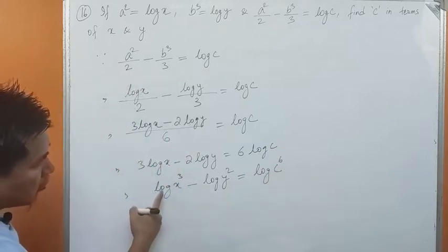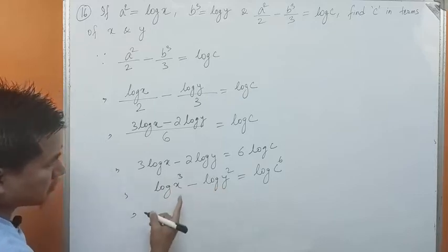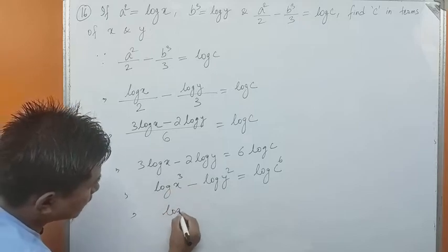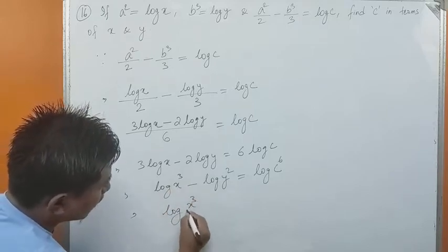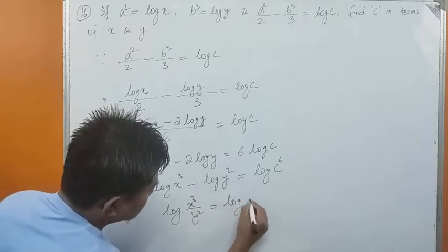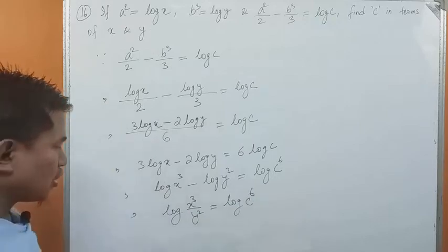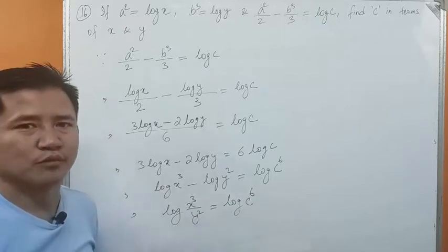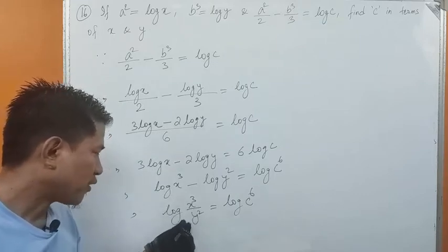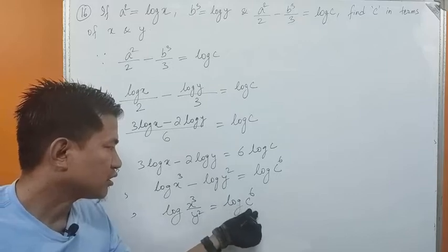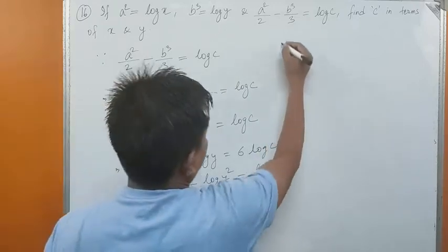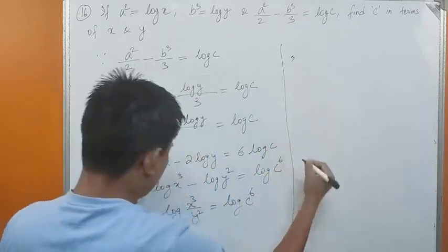Now we have log m minus log n means log m upon n. So we can write this as log of x cube upon y squared equals log c to the power 6. We don't have a base mentioned here, that means we can assume the base is 10. Log of x cube upon y square to the base 10 equals log of c to the power 6 to the base 10. So we can leave log from both the sides.